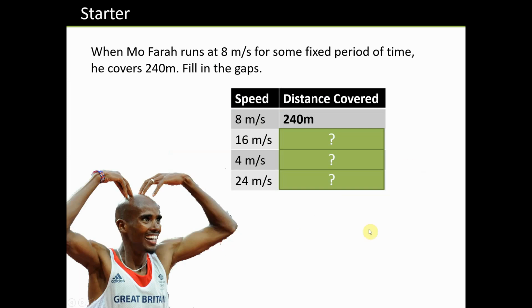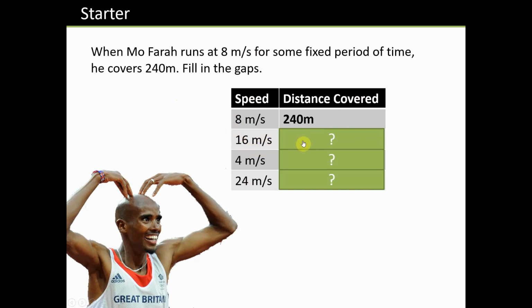So, a bit of a starter, some stuff that should be quite simple to us. When Mo Farah runs at 8 meters per second for some fixed period of time, he covers 240 meters. So speed, distance covered, we've just filled in our table there. If he ran at 16 meters per second, what would his distance covered be?